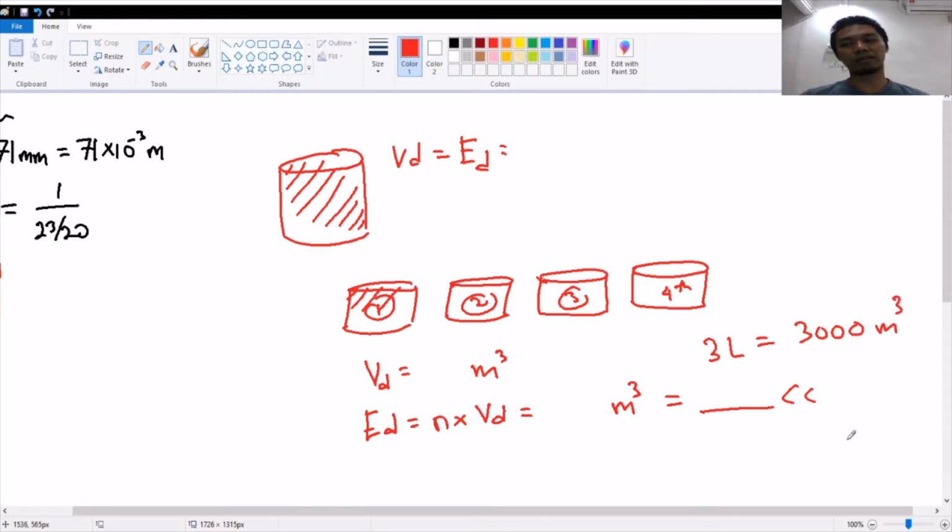Am I correct? Yes. So a 320 cc engine, yes.